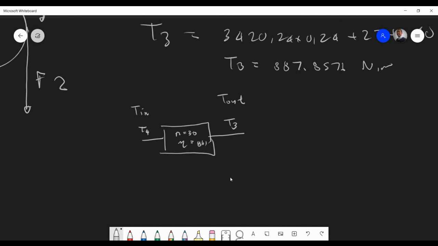So to find that, remember over here we have a big torque and I think a slow speed normally on this side. So now what's going to happen is that our torque is going to decrease and our speed is going to go up, but we just care about the torque. So T4 will just be equal to the efficiency times N T3, right? This is just like on the slide, so that's 0.86 times 30 times whatever that was, 887.8576.